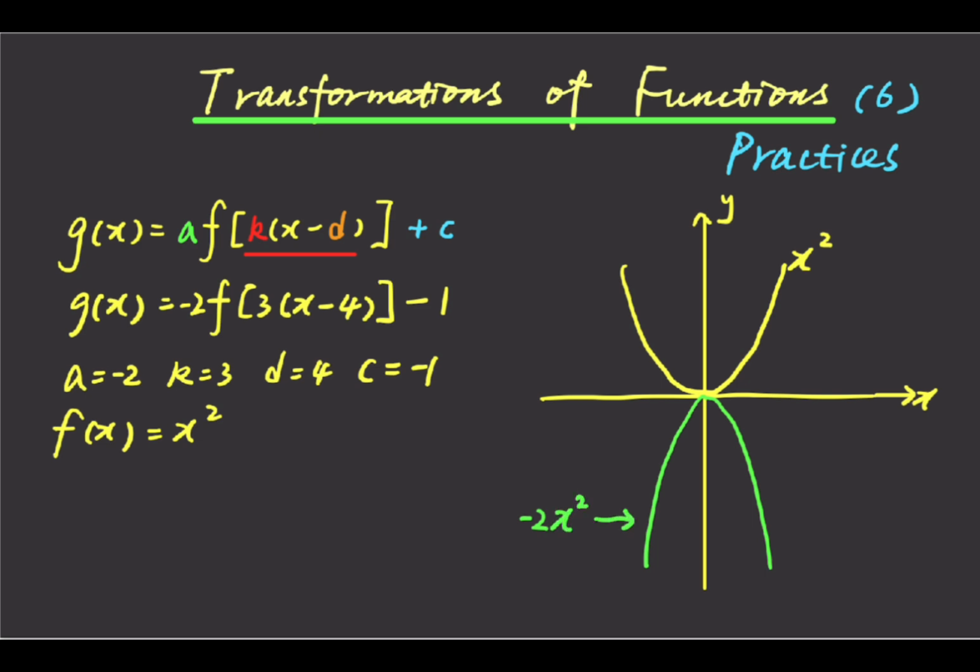Okay, on the basis of this graph, we need to transform this graph according to this k equal to 3. That is to say, we want to figure out the function should be negative 2 f(3x). Okay, here you must be careful. Here I use f(3x). f(3x) is not the exact expression for this function, but I use this expression to demonstrate the relationship between this one and this one.